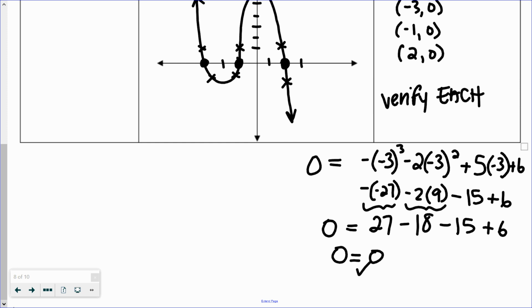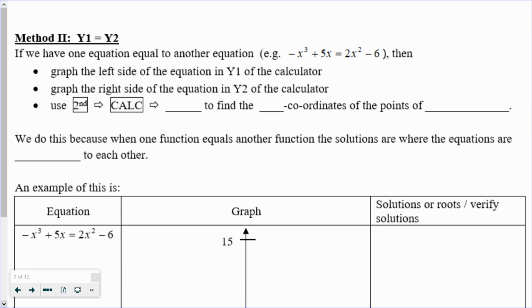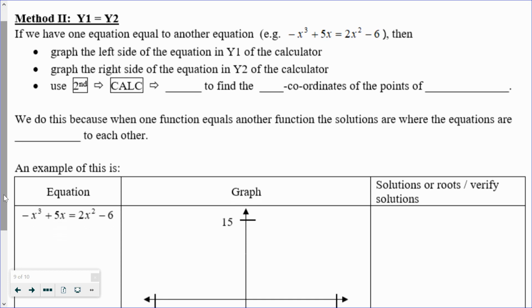So the second method for graphing, I find, is a little bit dumb, but to each their own. So right now we have one equation equal to another equation: -x cubed minus 5x equals 2x squared minus 6. So we have something equal to something.